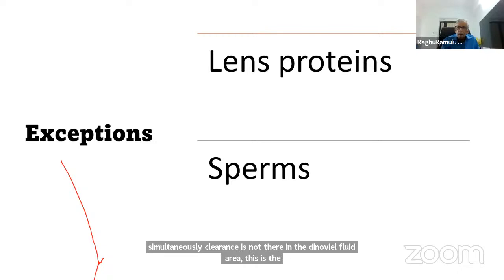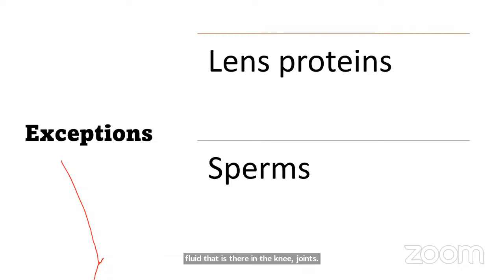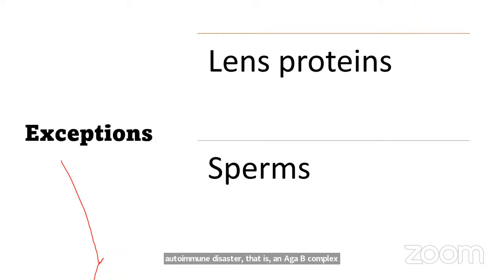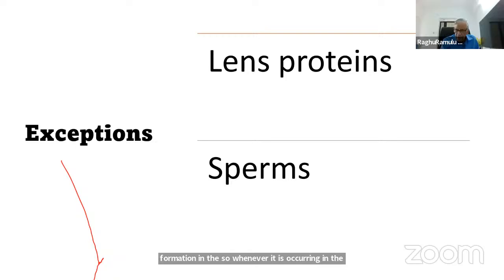That's why they get limb movement difficulties, that is knee movement, that is arthritis. This is an autoimmune disorder: arthritis caused by AG-AB complex formation in the synovial fluid. So whenever it occurs in the knee joints, it results in arthritis-related autoimmune disorders.